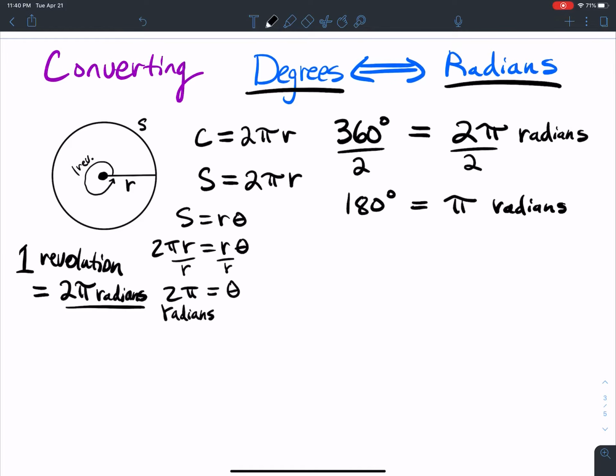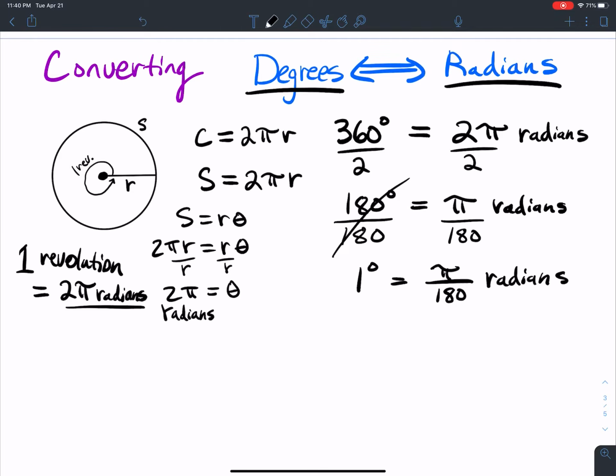How's that any good for us? Well, if I divide both sides of the equation by 180, what do I get? I get 1 degree is equal to pi over 180 radians.